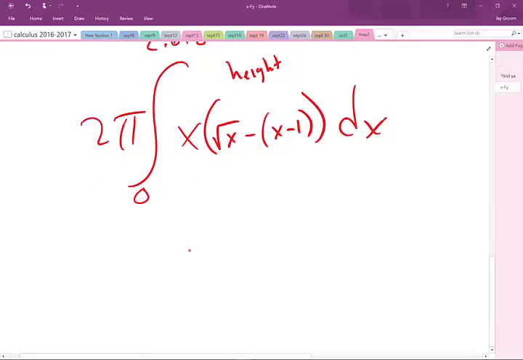So this times this is x to the 3 halves. I'm going to distribute this negative through. And then that times that is minus x squared.